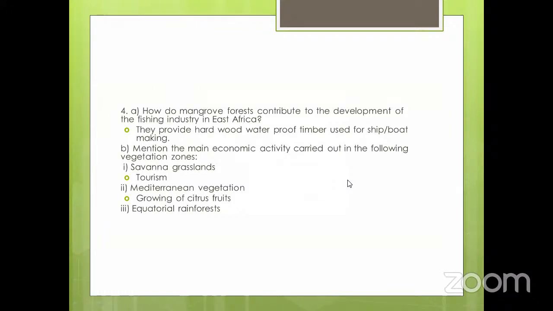But the question is talking about the major one. I saw Ruth also. Ruth, which one is the main economic activity there? Fishing. Not really, though it is one of the economic activities. But the question is talking about the major one.